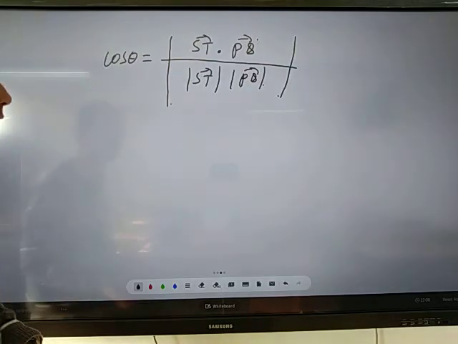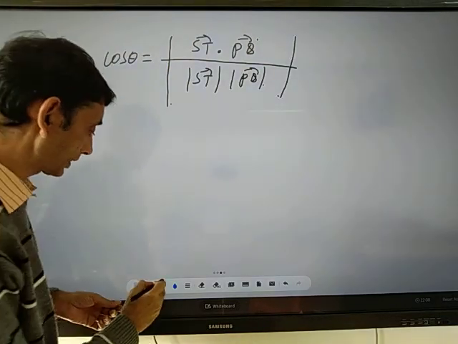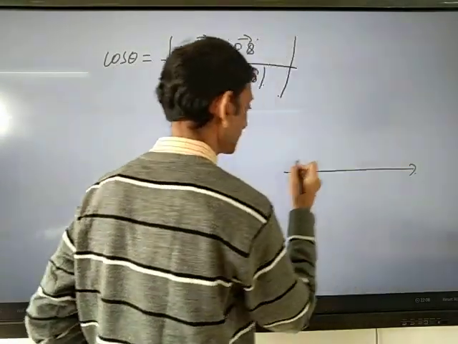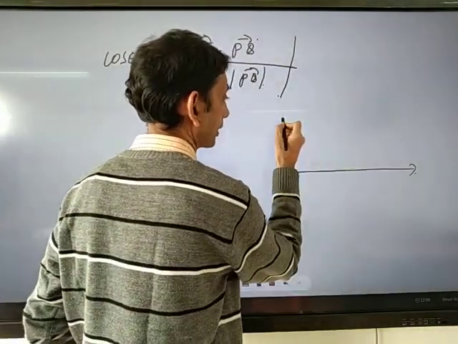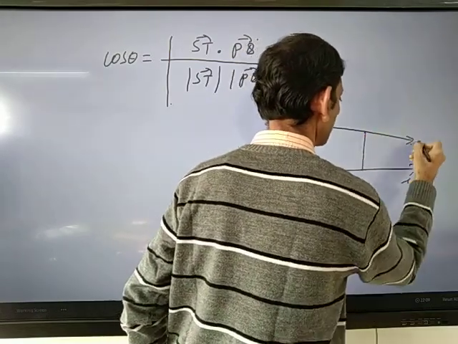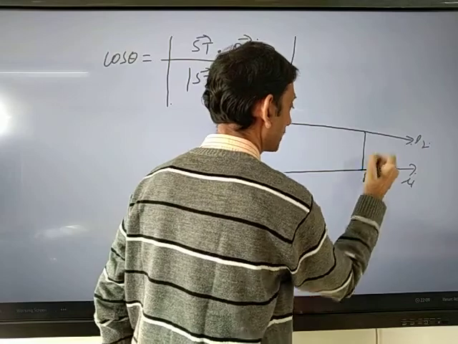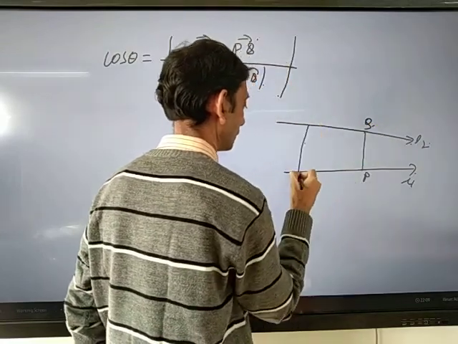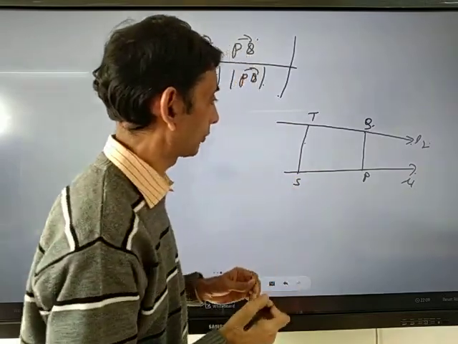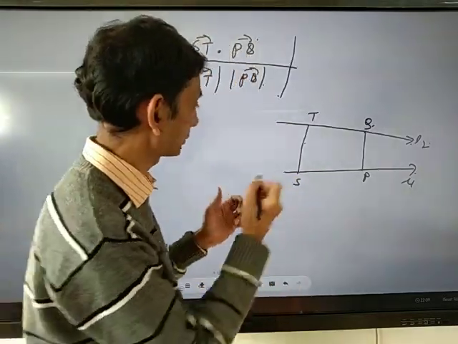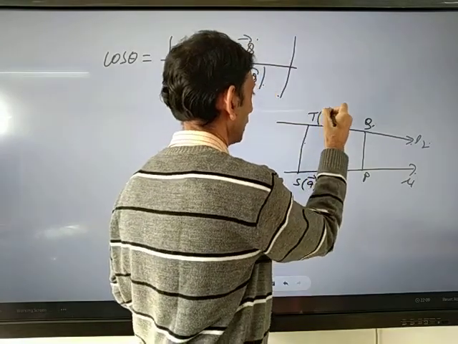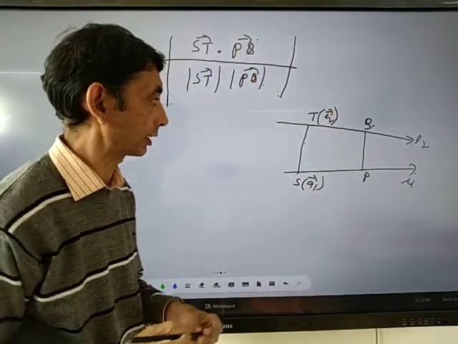Fine. Now let's see what ST is. You can see from the figure: this is L1, this is L2, this is P, this is Q, this is S, this is T. This will be easier for us to understand if we draw the figure along with the derivation.